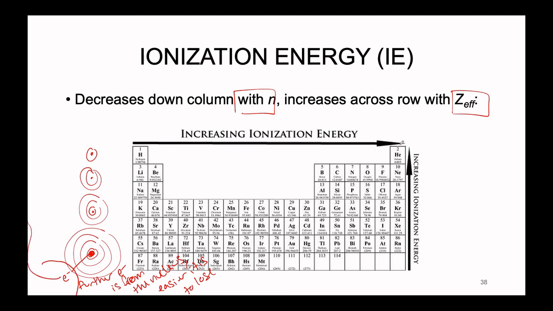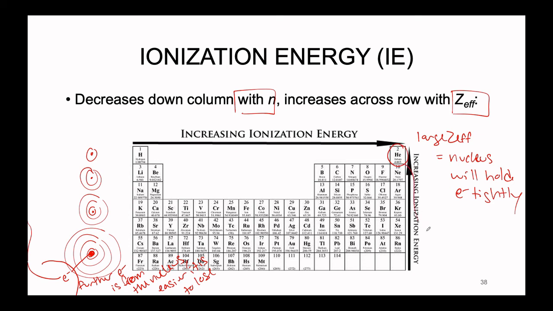Conversely, in the upper right-hand side of the periodic table, where we have not only very small elements in comparison to the left-hand side of the periodic table, but we also have very large effective nuclear charges here. Which means the nucleus, by definition, will hold electrons tightly. It takes a lot of energy comparatively that you need to put in to an element like helium in order to kick the electrons off.